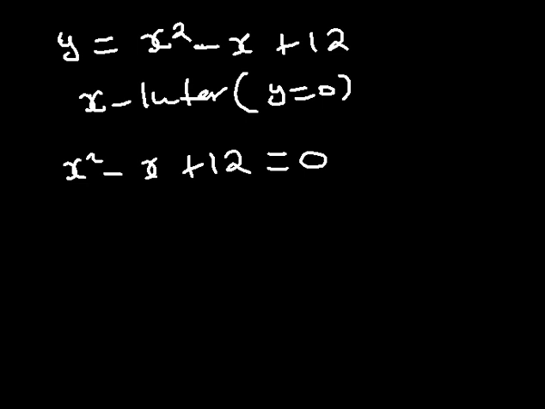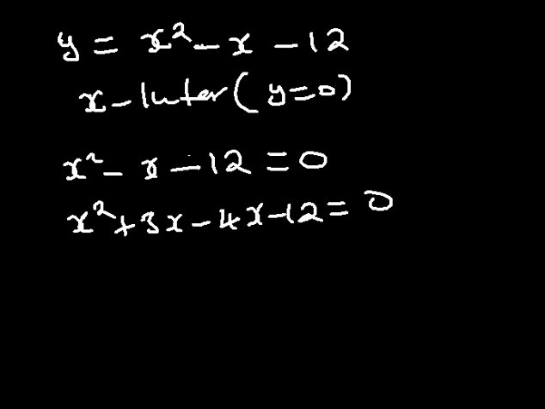So we'll use the factor method, and of course here we should have a negative as well. Here we should also have the negative in this way. Like that. So now we'll have x squared plus 3x and minus 4x minus 12, that will be equal to 0.